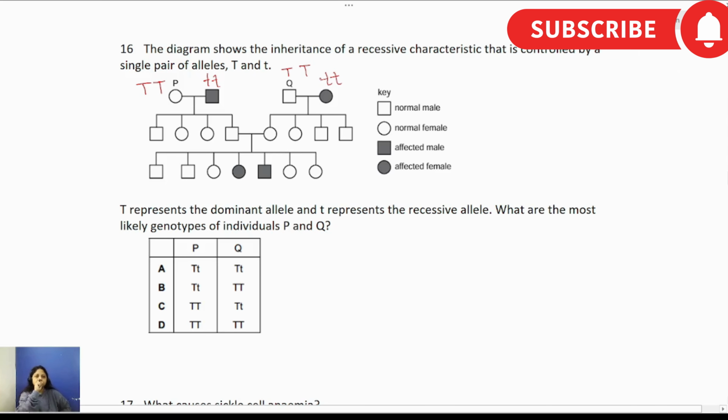Because all the offspring are normal, it means they must be homozygous. Now when two heterozygous are interbred, then the offspring can have a chance of inheriting the recessive allele. I have already written what is represented by P and Q. It's the dominant one, so the answer is D.